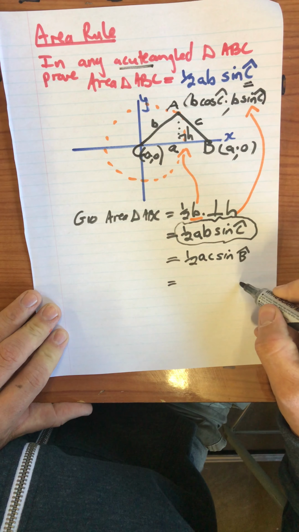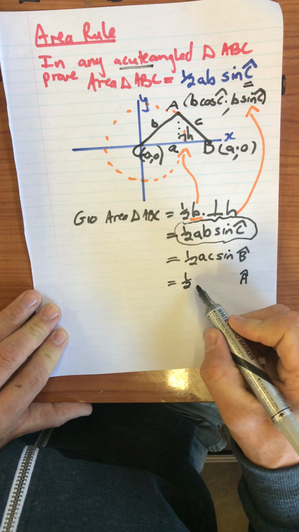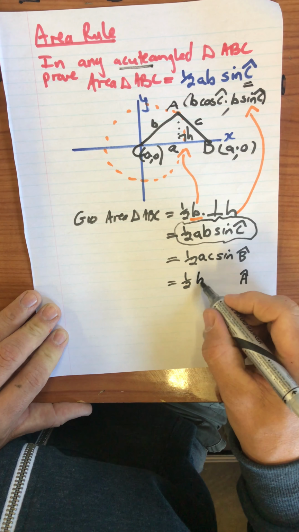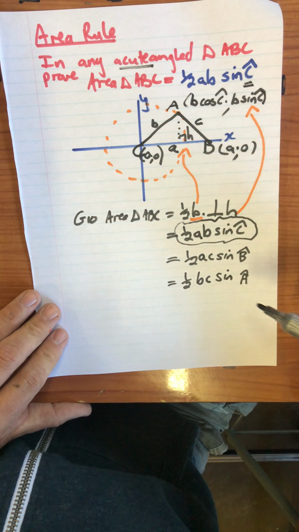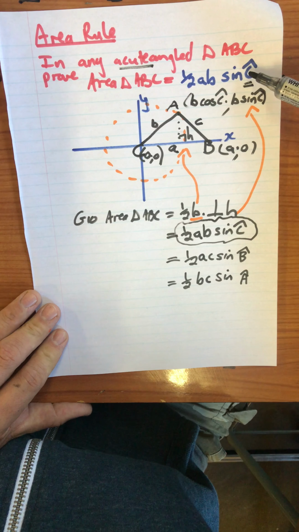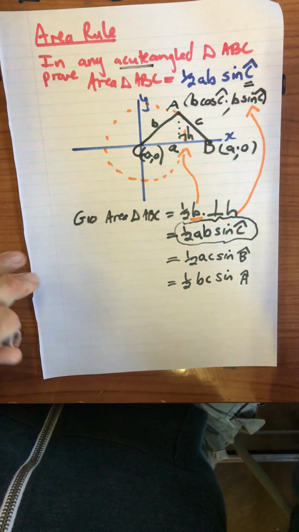And lastly, if we had A in standard position, what are my other two letters? It would be a half b, c, sine A. So depending on the question asked, this is the angle that we place in standard position.